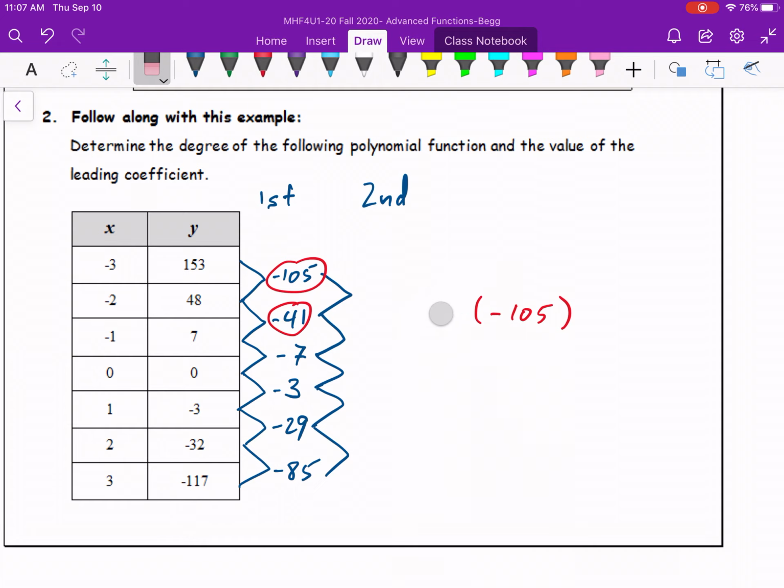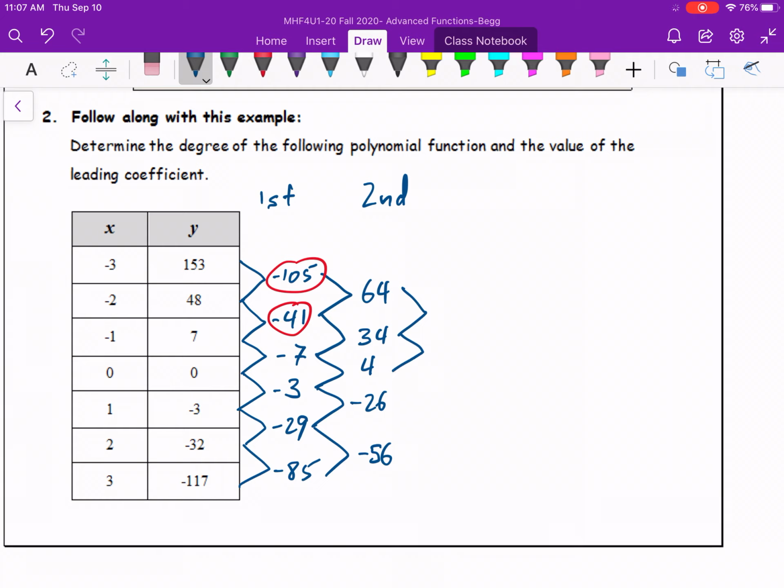So actually these differences are going to end up being positive. The difference between them is positive 64. And then negative 7 take away negative 41 is positive 34. And again, you can already see they're not constant. It's not going to be quadratic, but we have to keep going.